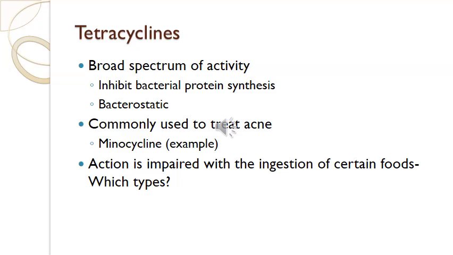So it's important that if individuals need to take these, that tetracyclines be administered 1 hour before or 2 hours after the ingestion of anything that contains those products, because those products will actually inactivate the mechanism by which the tetracyclines work.